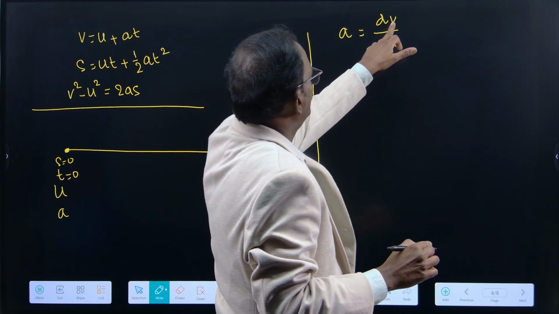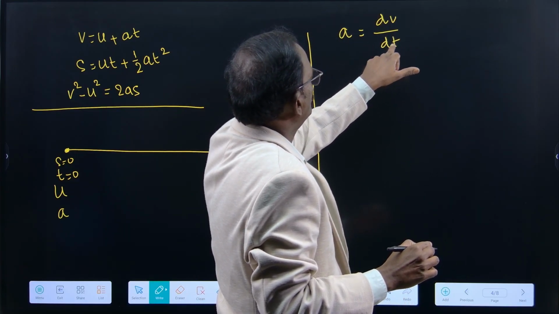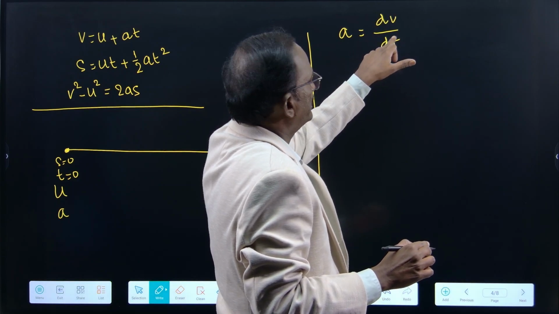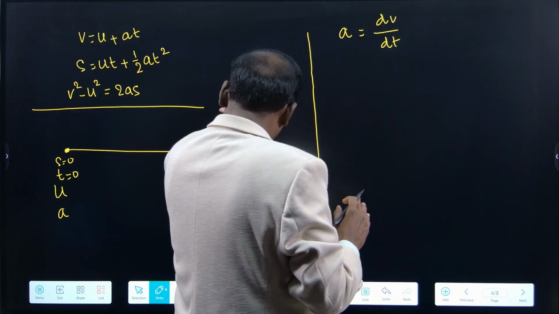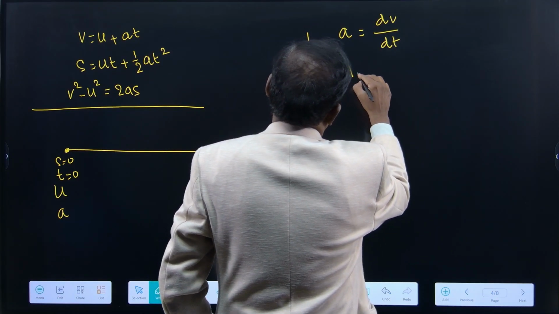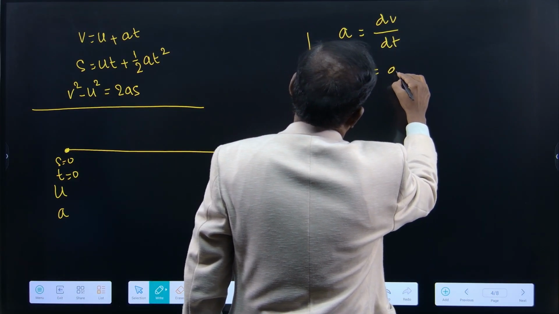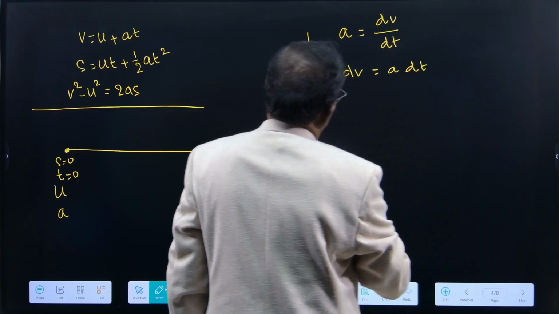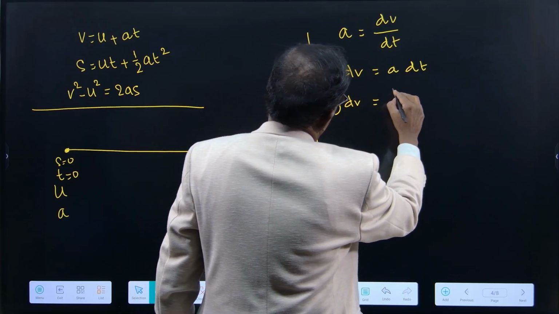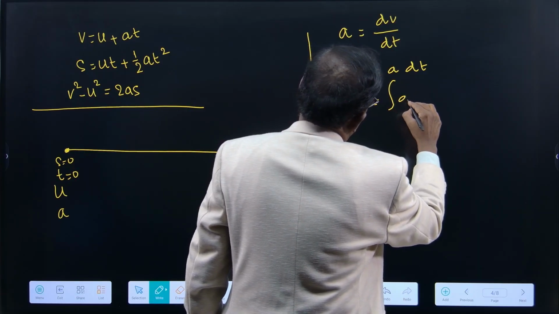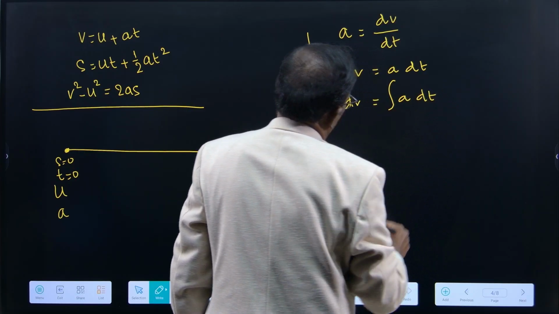So this is one variable v, this is also variable t. Both are changing. We will separate the variables, cross multiplying: dv is equal to a into dt. Integrate both sides. Integration of dv is equal to integration of a into dt.